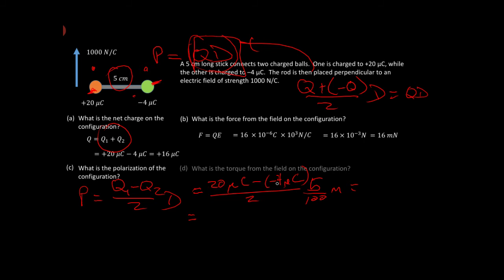So that means I have 20 minus 4, which is 24 over 2, which is 12 times 10 to the minus 6 coulombs, times 5 times 10 to the minus 2 meters, which is 60 times 10 to the minus 8, which is 6 times 10 to the minus 7 coulomb meters.